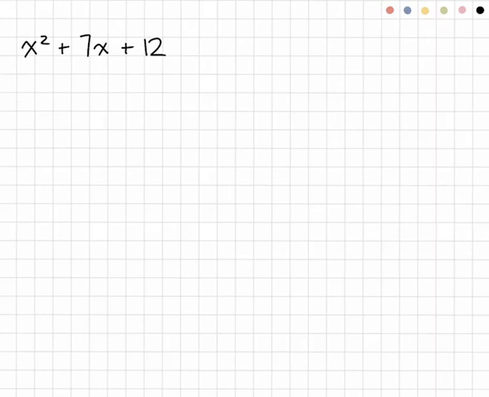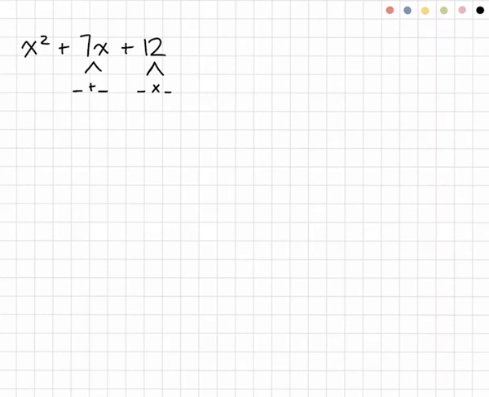Okay, so the rule with this is, in order to factor this, I'm going to have to find two numbers that when I multiply them are going to give me 12, and then when I add them are going to give me 7.